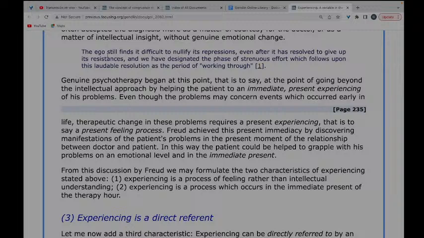Let me read this. This is from Freud. The ego still finds it difficult to nullify its repressions, even after it has resolved to give up its resistances. And we have designated the phase of strenuous effort which follows upon this laudable resolution as the period of working through.